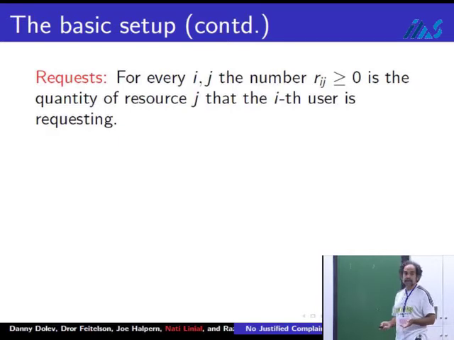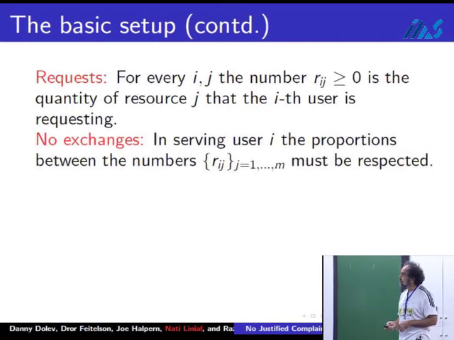And the users want to make use of the resources, and they apply requests. User i requests r_ij of resource j, and these are non-negative numbers. This is one of the critical aspects of this model.